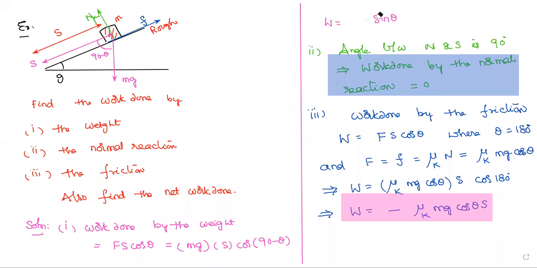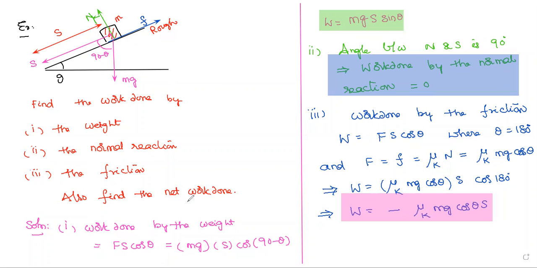Sorry, I wrote Fs cos theta here, it should be Fs sin theta. This is mg into S, cos 90 minus theta is sin theta. So this is the work done by gravity. If you see along the inclined plane, the component of weight mg sin theta is doing the work.